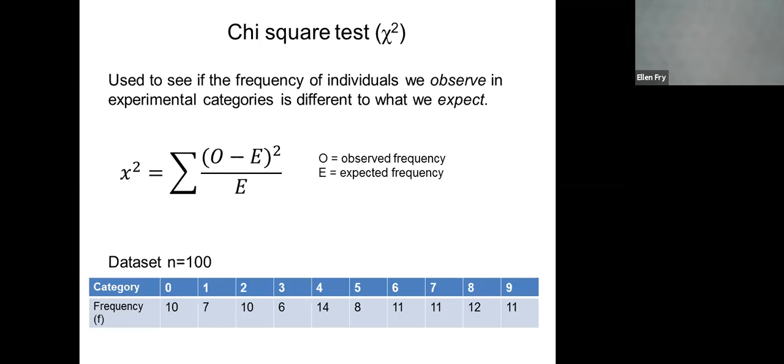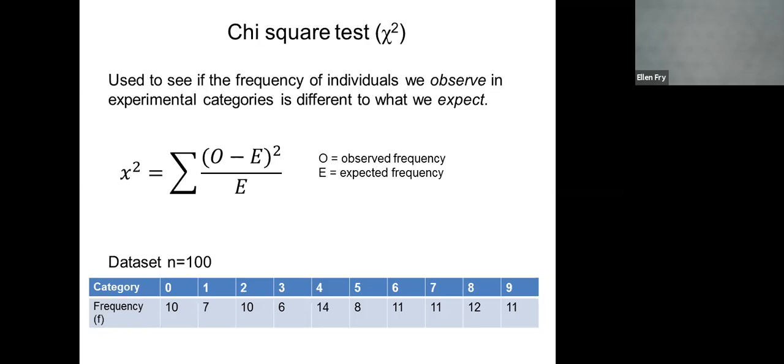We generate a test statistic from our data based on how many degrees of freedom we have. We compare our test statistic to a table, and it will tell us if our results are significant at a p is less than 0.05 or p is less than 0.01 level.